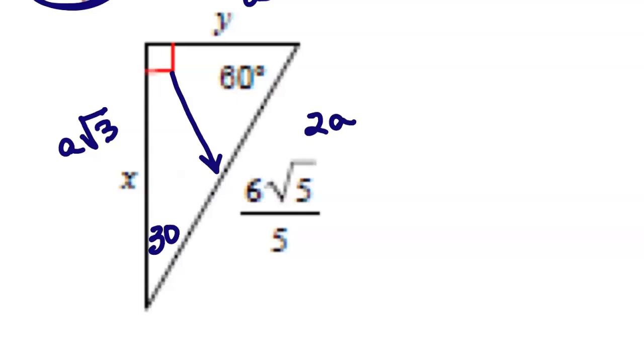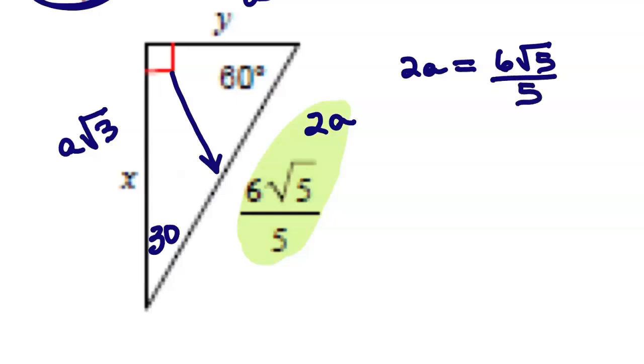My goal is to get A by itself so I can solve for the other two sides. So here comes, I have to get a relationship, and I have one right here. So I can say 2A equals 6 radical 5 over 5. Oh dear. Divide by 2, and watch what I'm going to do. Divide by 2.